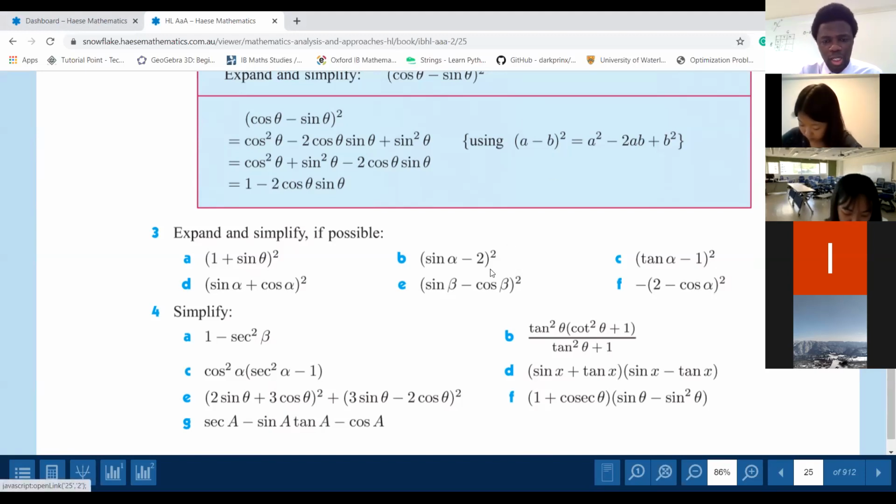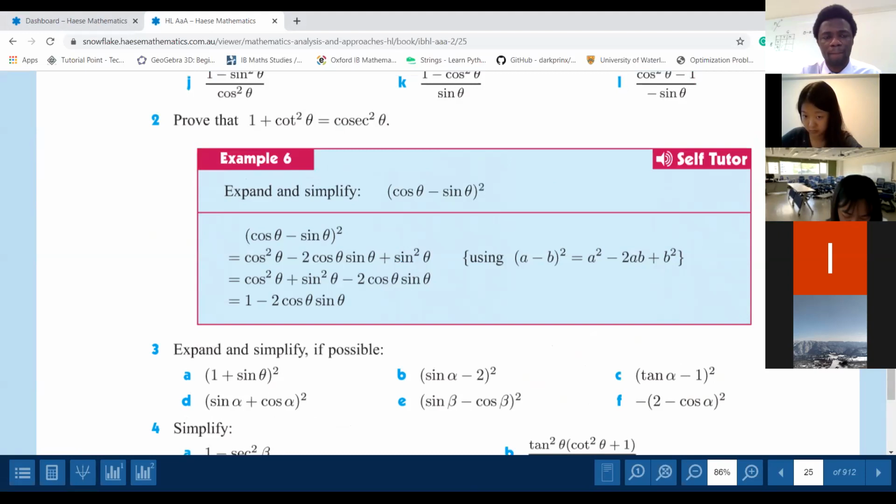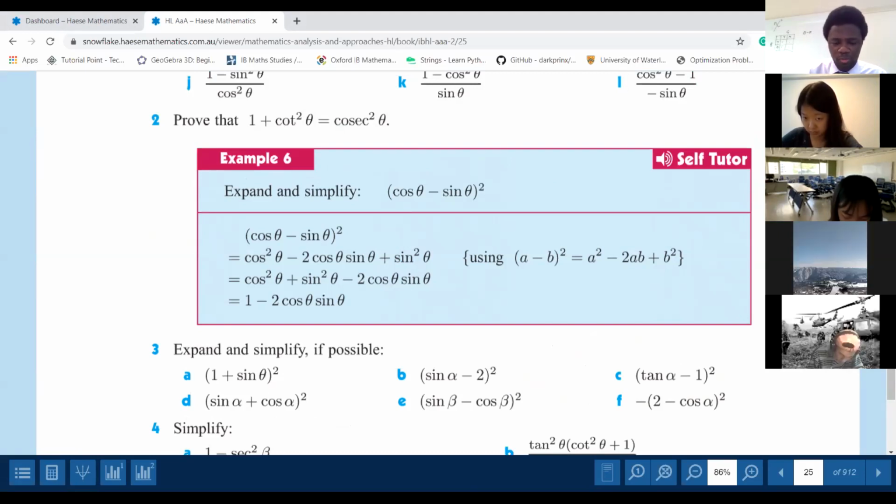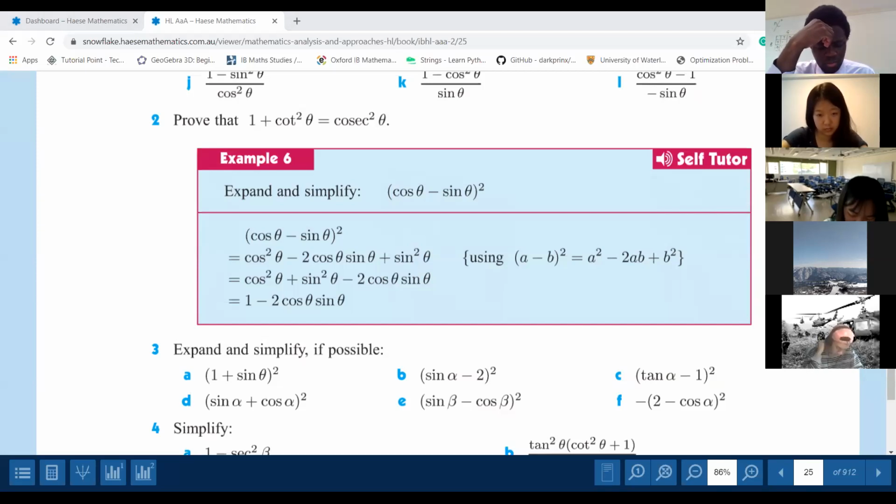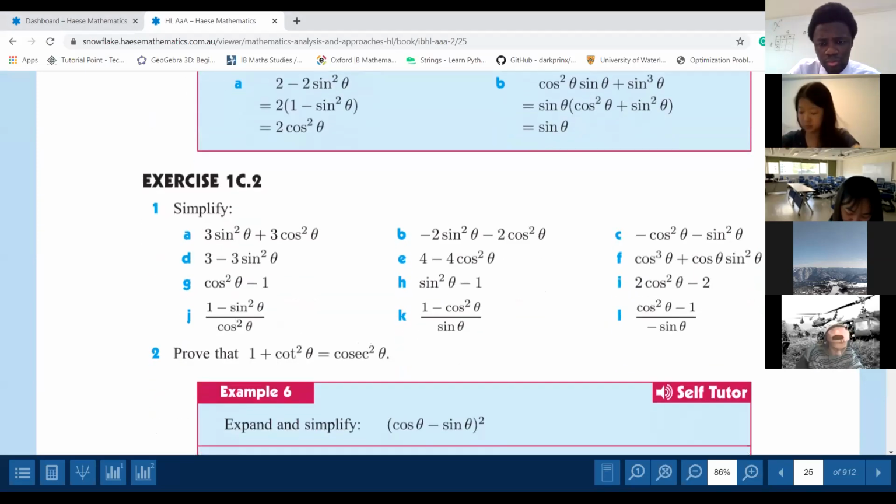Okay, so I'm going to be looking at what is sent in now. If you need the previous example, please indicate. So Nakita, I'm checking your work now. Let's see.